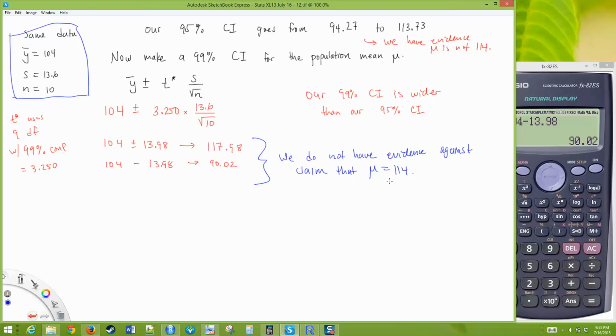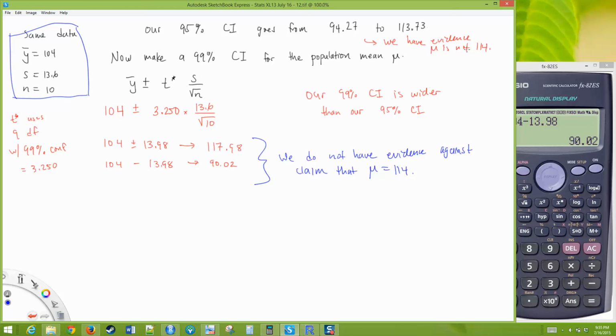Yeah, so the thing is I'm changing my confidence level. Over here, somebody says, do you have evidence that it's not 114? You're saying, yes, I've got evidence that it's not 114. And they say, how certain are you? You'd say, well, my statement is based on a 95% confidence interval, so I'm 95% confident about my statement.